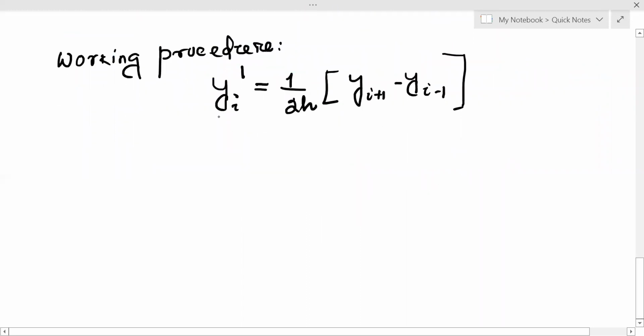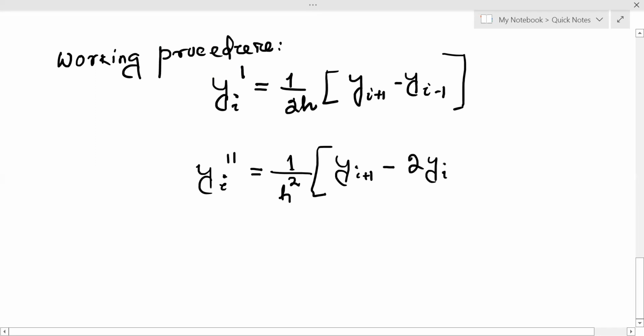Then the double derivative value y_i'' is equal to 1 by h squared times y_(i+1) minus 2y_i plus y_(i-1).